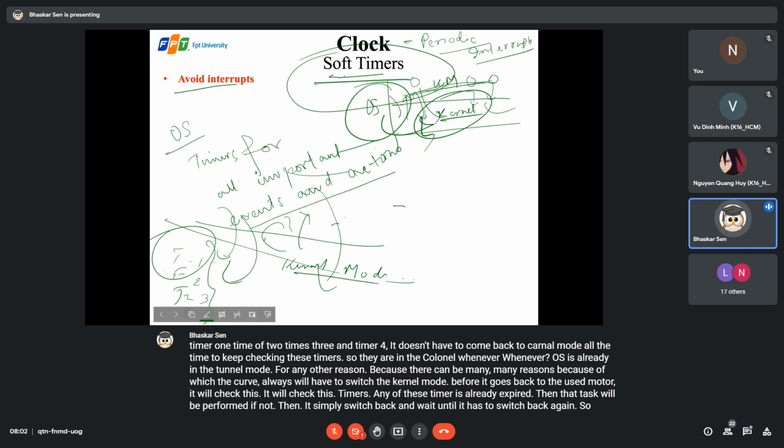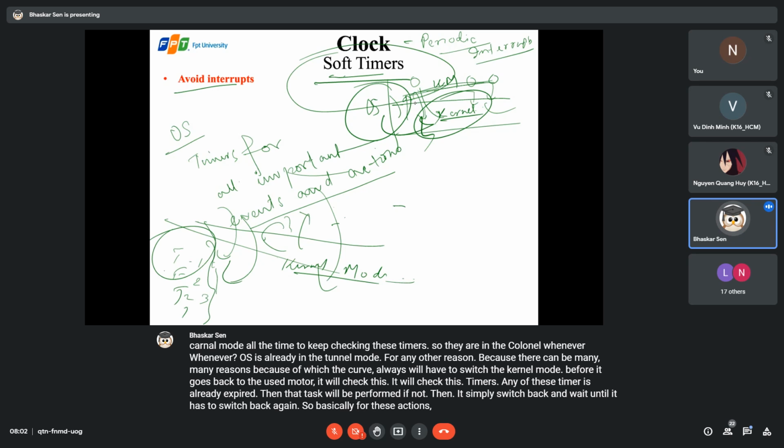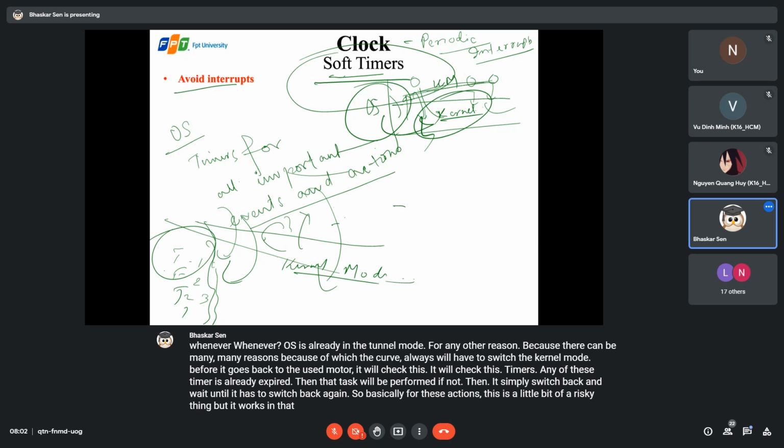So basically, for these actions, this is a little bit of a risky thing, but it works in that way. Risky in a sense that some of the timers may actually fail.